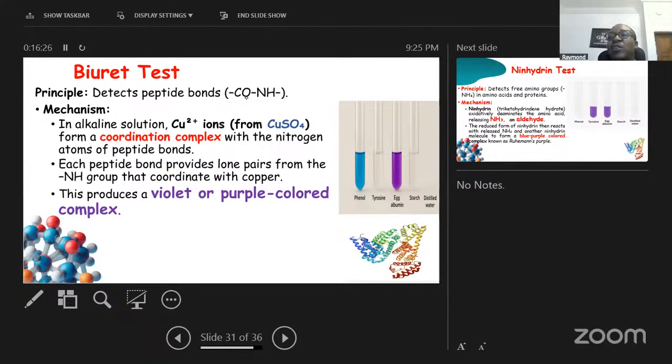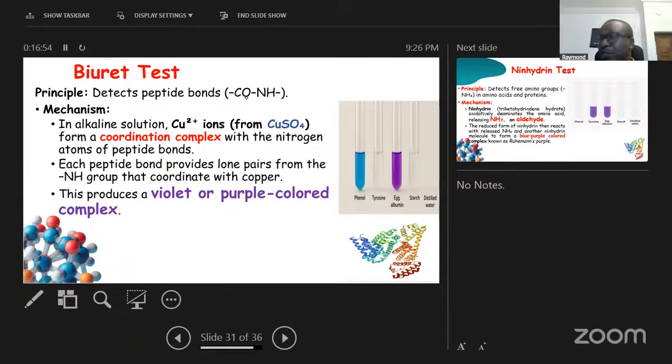So you can see on the right, I have different test tubes. Test tube 1 is phenol. Test tube 2 is thyroxine. Test tube 3 is egg albumin. Test tube 4 is starch. And test tube 5 is distilled water. Biuret reagent is blue in color. If you put the Biuret reagent in all of them, they will show blue.